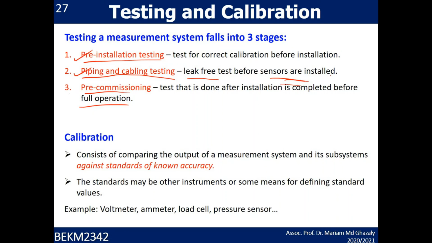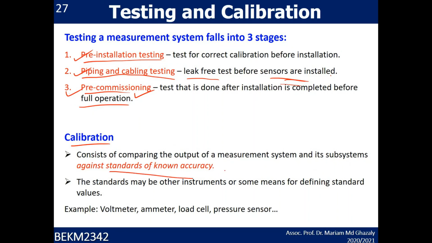The third is commissioning, a test done after installation for full operation. After full commissioning is where you run your experiment, for example running it for 24 hours or collecting data for analysis.